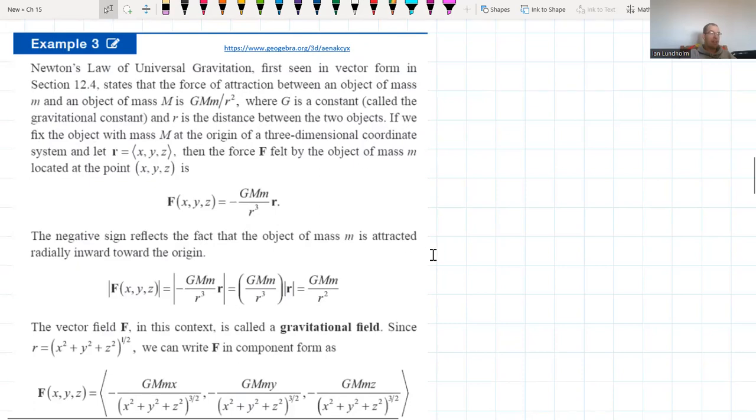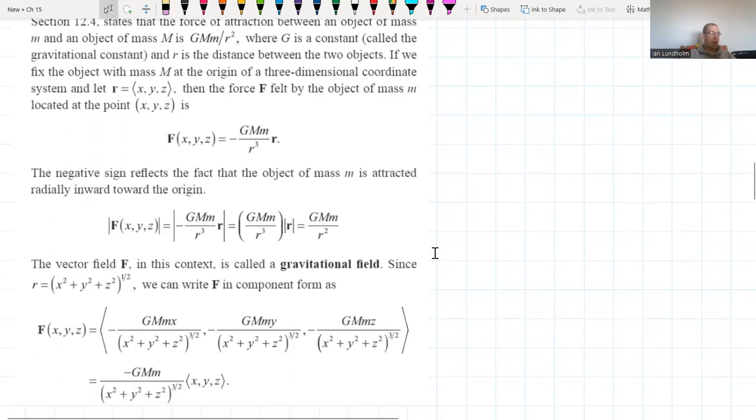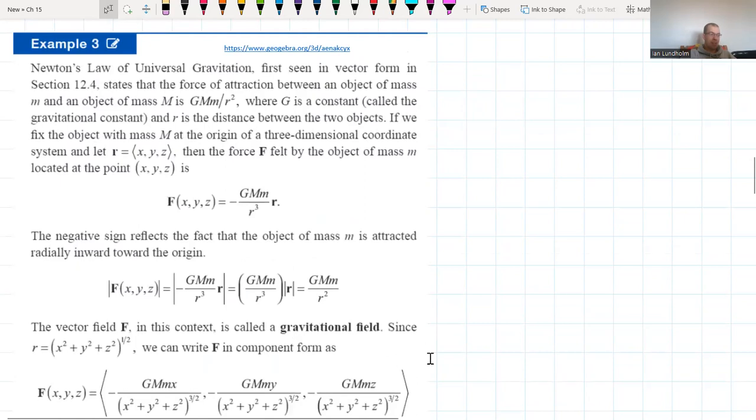Here we've got Newton's law of universal gravitation and describing gravity using a gravitational field. We're looking at the force of attraction between an object of relatively small mass m and relatively large mass capital M. G is the gravitational constant, and little r is the distance between the two objects.